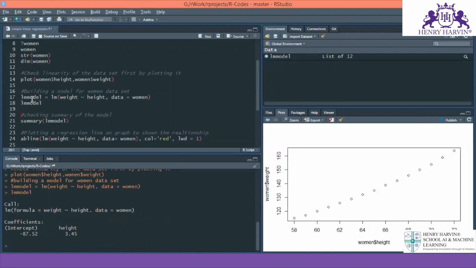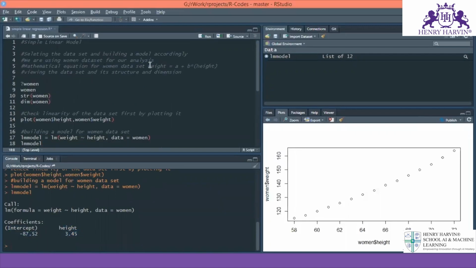Let's check the details of this model. So if I directly execute the model, what I'll receive in my output is the value of intercept and height, that is slope. If we check our mathematical equation, that is weight equal to a plus b into height, where a is the intercept and b is the slope.